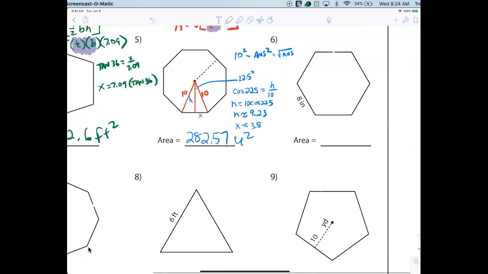All right, so again, these are all just regular polygons. All right, and the easy ones are triangle. Right? If it's a triangle, it just forms a what type of triangle? Equilateral, which makes it what? Equiangular, which means that it's going to end up being a 30, 60, 90 triangle.